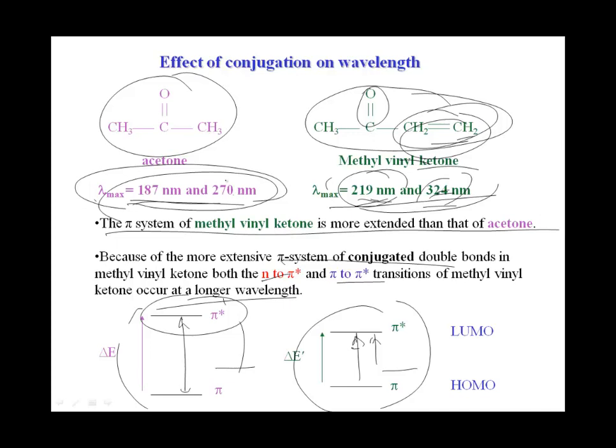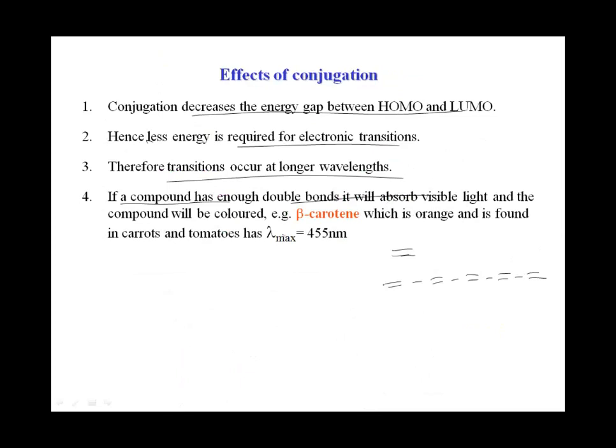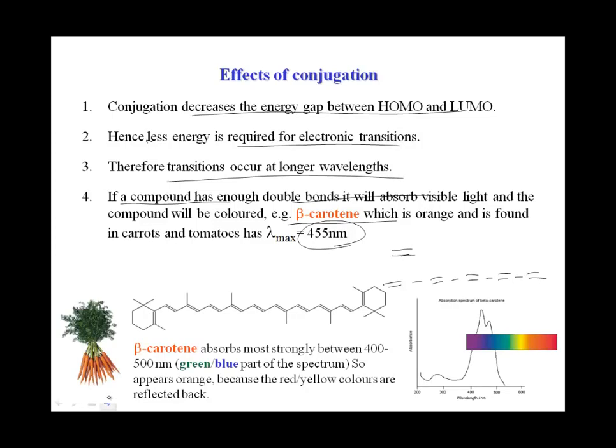Basically you're pushing it towards the visible region of the spectrum. The best example of this is beta carotene, which is present in carrots, and you all know that's what gives the color to carrots, or tomatoes as well apparently. And I think we have a picture of it here. Yeah, so here you have beta carotene.